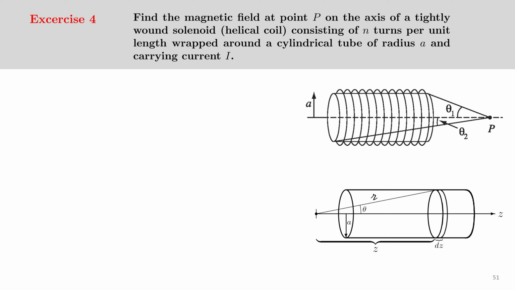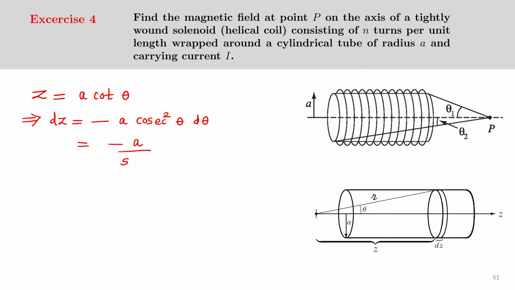From the second figure, we have z equal to a cot theta. From where we'll get dz as equal to negative of a cosec square theta d theta, and that is equal to negative of a over sine square theta d theta.